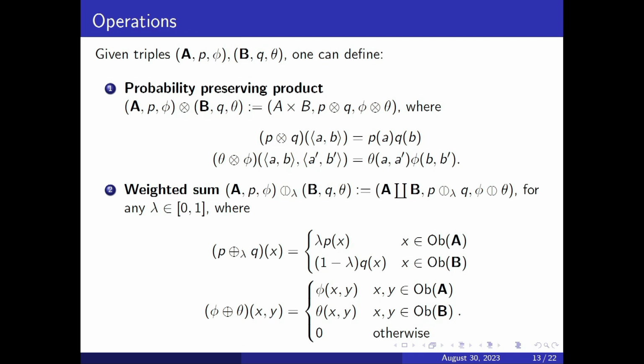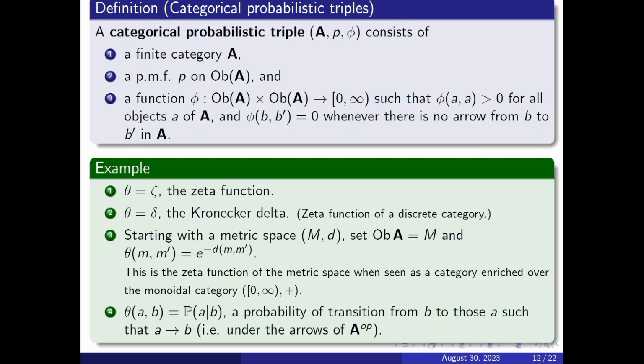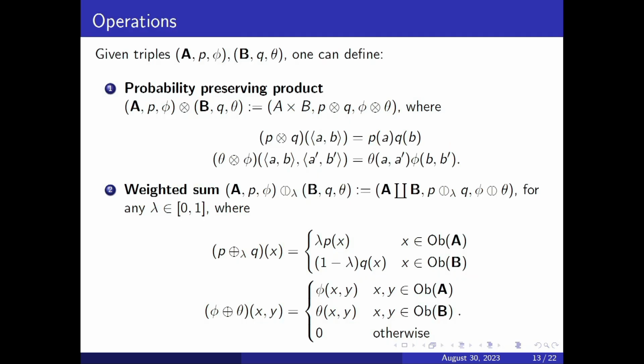So I call these categorical probabilistic triples. And when you have two triples, you can do certain operations. You can multiply them, which could be something like the product of two measure spaces. And you can do a convex combination, where with probability lambda you are taking points from A, and with probability 1 minus lambda you are taking points from B, but otherwise you use the loss P or Q that you started with.